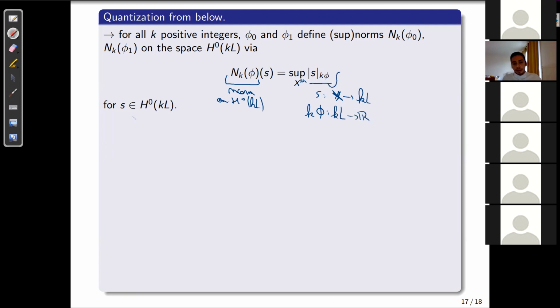And this quantity is simply equal to the norm of S of X with respect to K phi. So you can have an X here. So this is very much a subnorm, as I say. And so for any k we define the subnorm nk of phi 0 and nk of phi 1, which are going to be norms on the space of sections of KL.